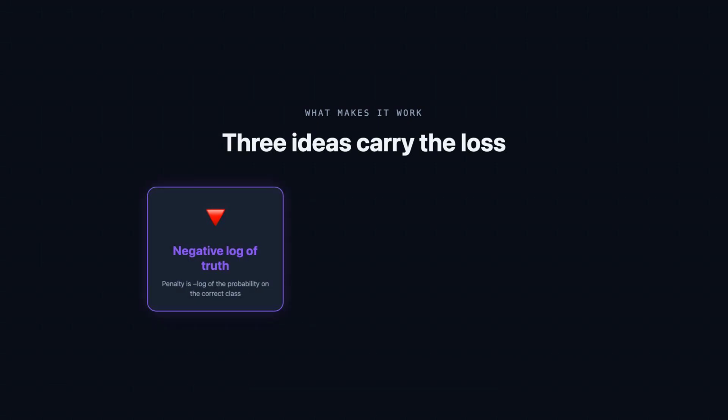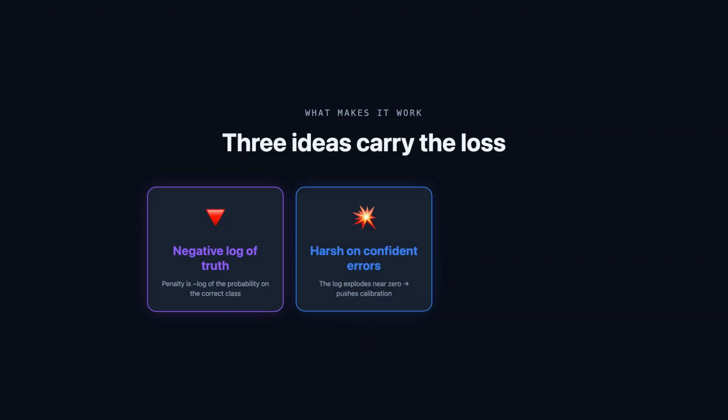Strip it down, and 3 ideas carry the whole loss. Negative log of the truth. The loss is simply the negative logarithm of the probability the model assigned to the correct class. So getting the right answer confidently drives the penalty toward 0. Harsh on confident errors.